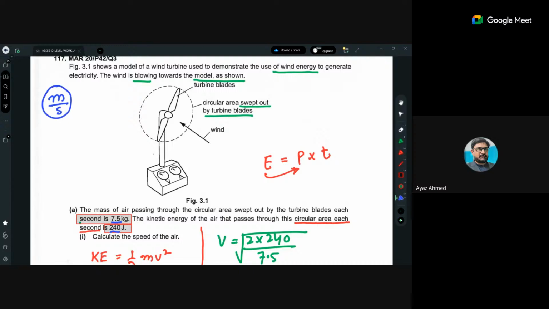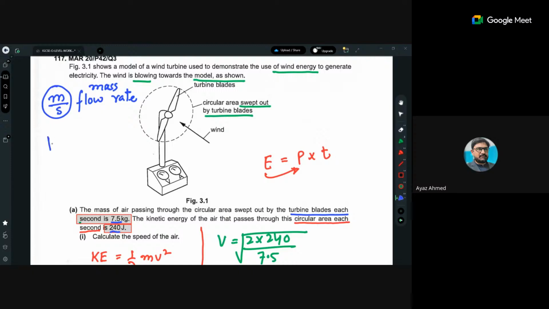Usually we have mass, not mass per second. The turbine blades sweep 7.5 kg per second. So mass per second is called flow rate, or we simply call it mass flow rate. That is how much mass is swept per second.